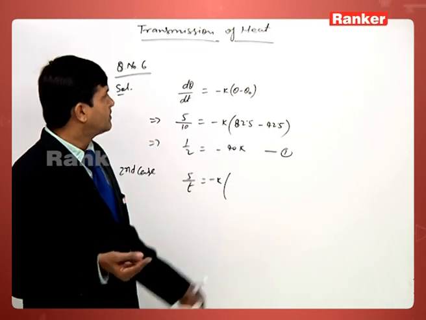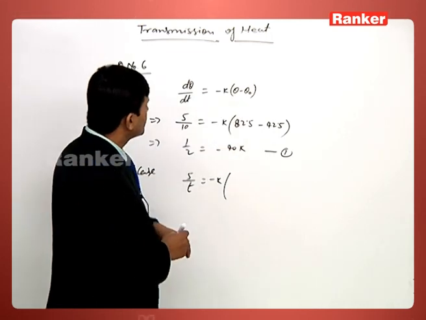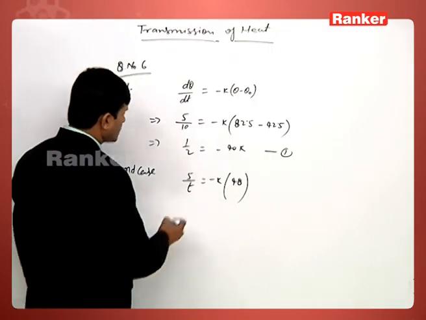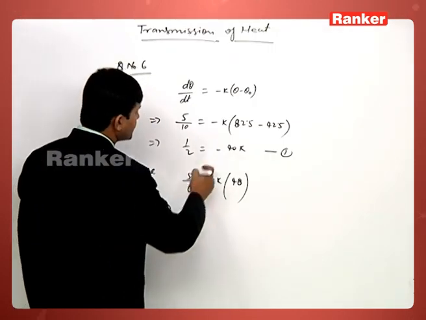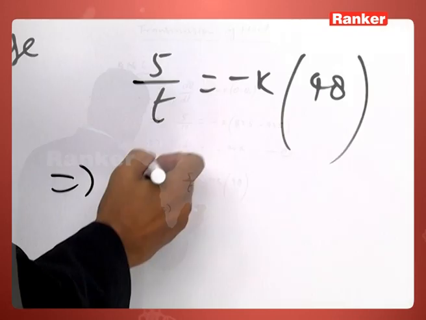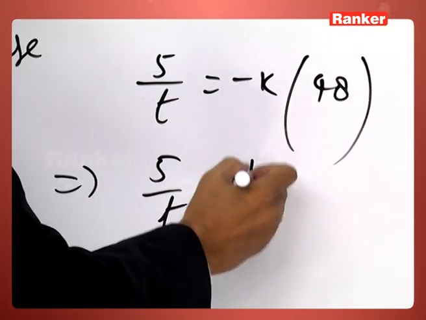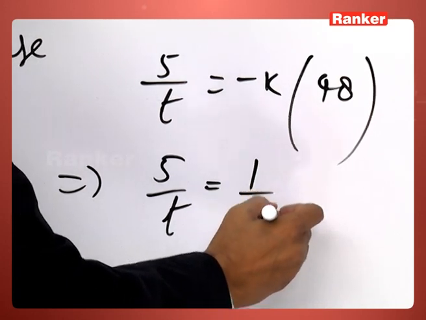So now we can put the value of k, which is 1 by 80.